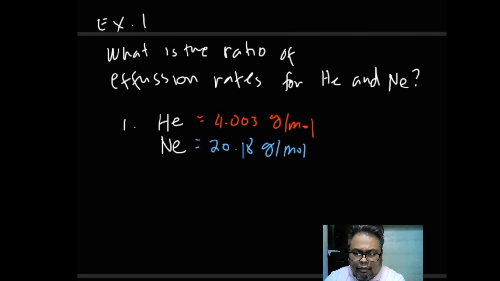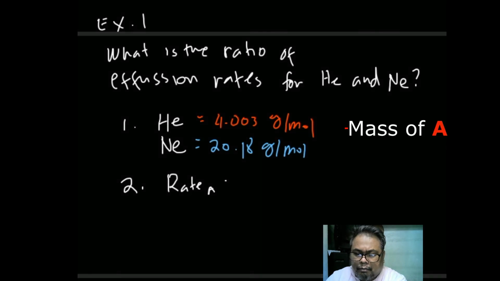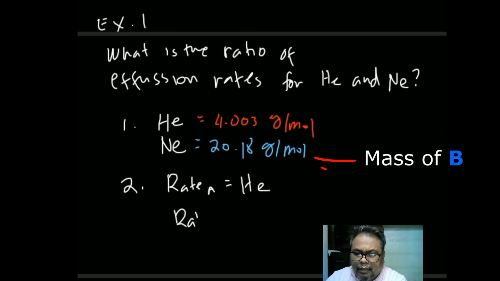Now the second step is we have to set the rates. So let our rate A be helium, and let our rate B be neon. And then the third step is to solve using Graham's law of effusion.